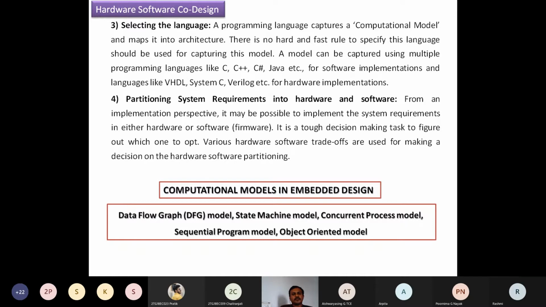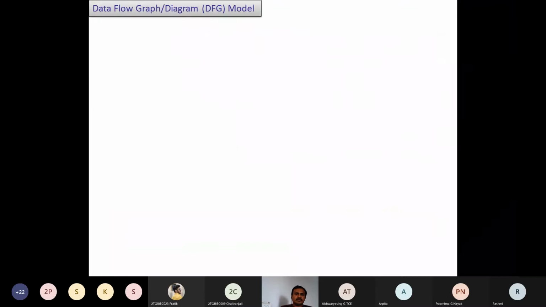So these are the computational or programming models that we have.